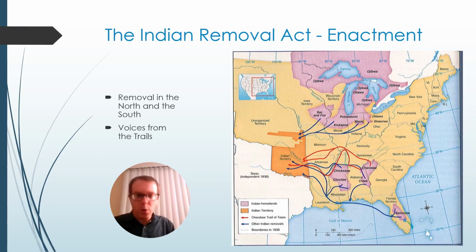You also had investors. You had large land companies which were expecting to sell millions of acres of land, and people had already invested in these land companies to support the removal of Native American nations. So you had lots of political pressure to go ahead and execute this Indian Removal Act.